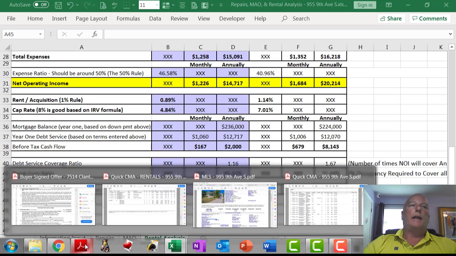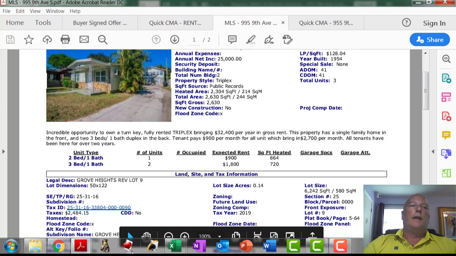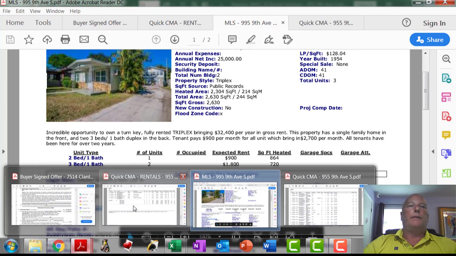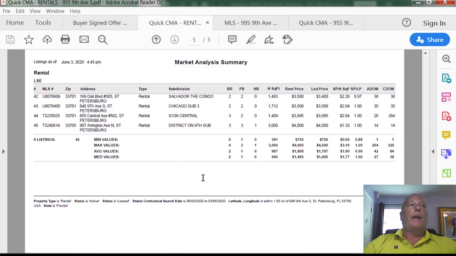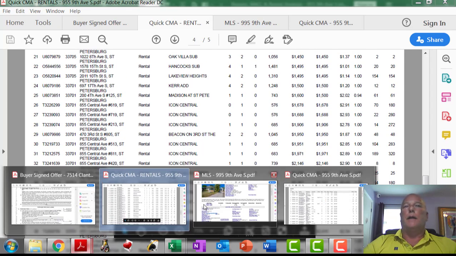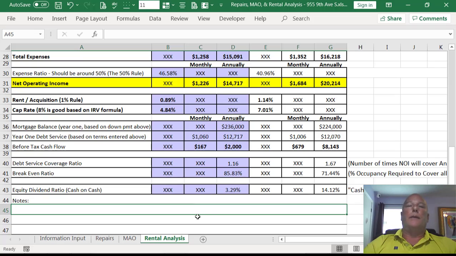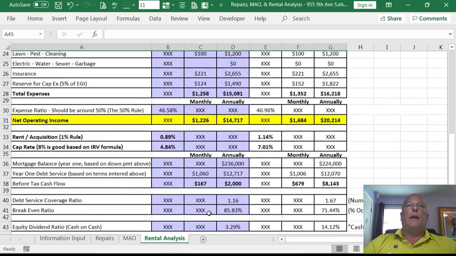And like I said, I give you all these tools to look at. So you've got the MLS, so you don't have to go back through emails and find it. And then you've got the lease, the rental amounts, and you also have a quick CMA for sales. So that pretty much gives you all the information that you need.